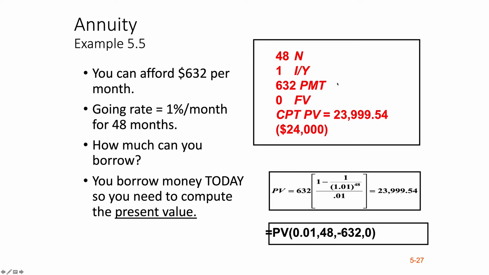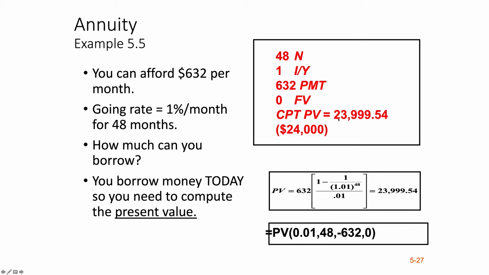The order in which you enter those numbers doesn't matter. 632 is your payment. 1 is your I; remember, it is always the percentage. 48 is the number of periods, monthly, 48. Let's put a 0 in FV, or you can ignore it because there is no single cash flow there. You want to calculate the present value.